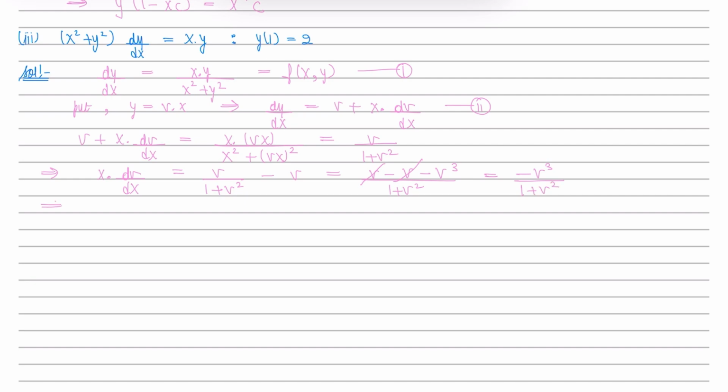And the final equation will be x into dv by dx is equals to minus v cube upon 1 plus v square. And we can clearly see that this equation has been reduced to variable separable form. Therefore, we can write it as 1 plus v square divided by minus of v cube, or you can keep this minus sign on the right hand side only.